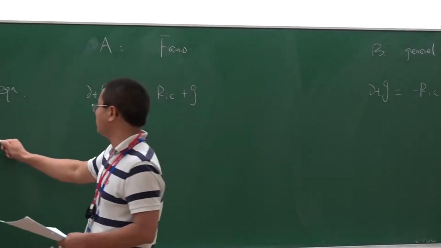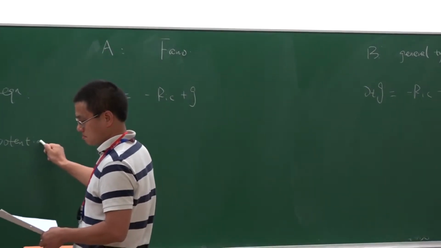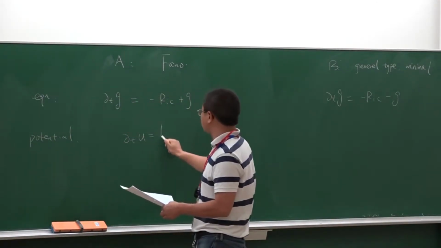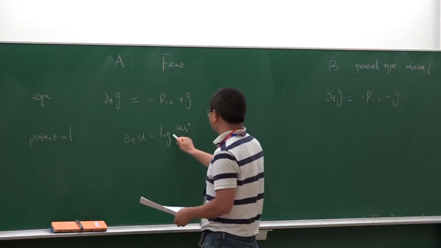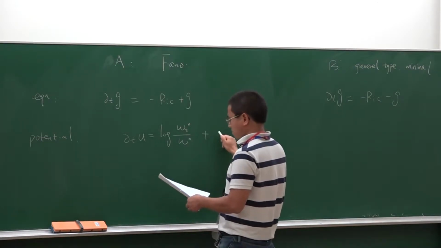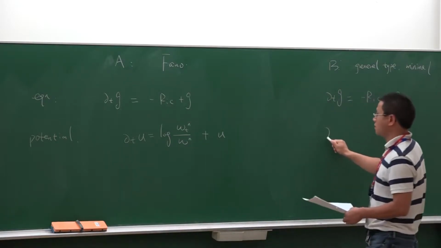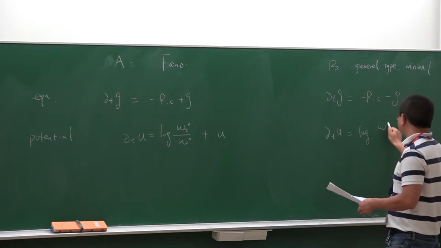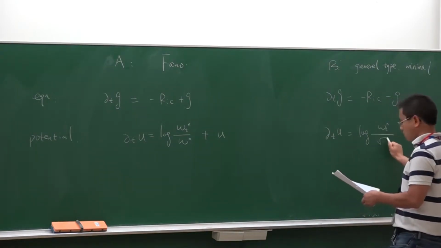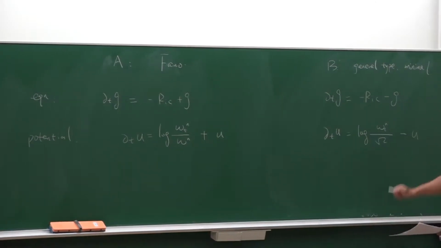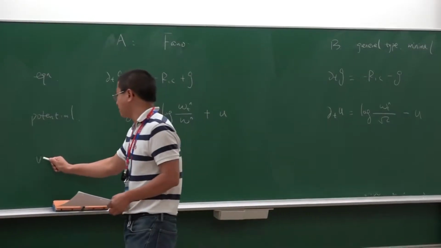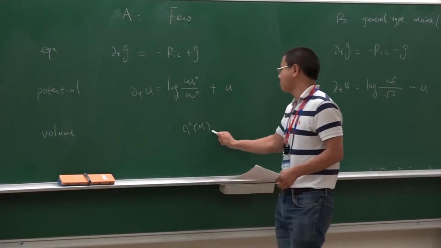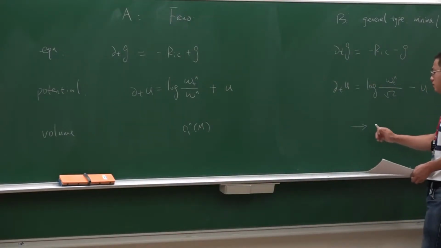And on the potential level, the derivative of u is log of omega_t to the n over omega^n plus u, and partial t of u equals log of omega^n over capital Omega minus u. We say that the volume behavior, this is a constant, and this is converging or approaching infinity.